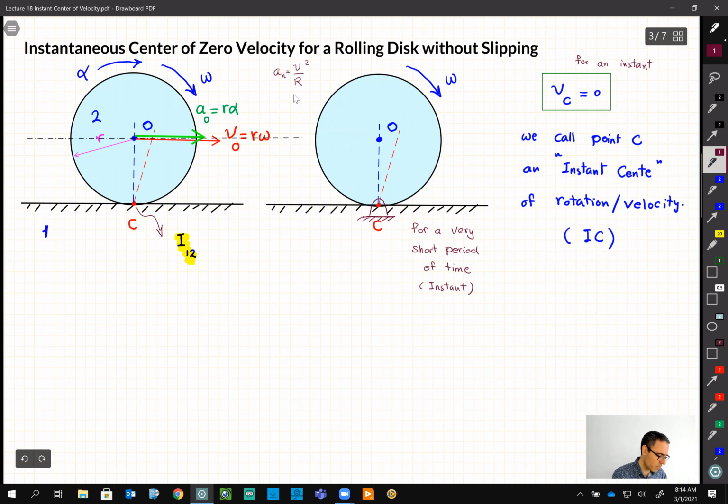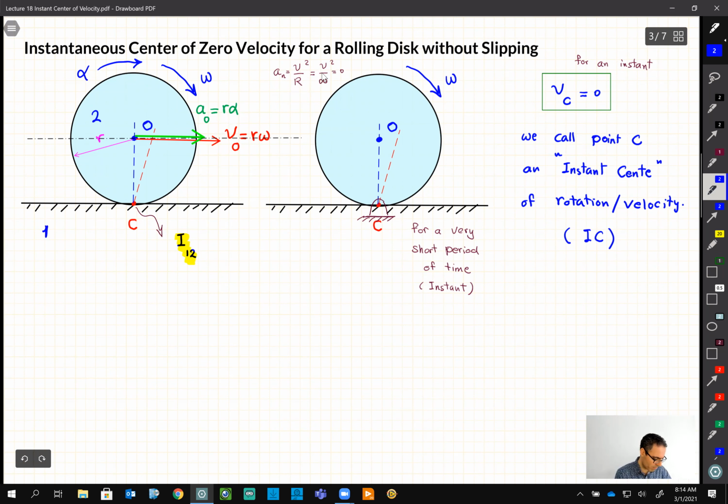So V squared divided by infinity is equal to 0, because point O is moving on a straight line. So when you have a disk moving on a straight line, like on a flat ground, because if it was not flat ground, that would have been a different story, then its center has a velocity R omega, an acceleration R alpha, and it doesn't have a normal acceleration.